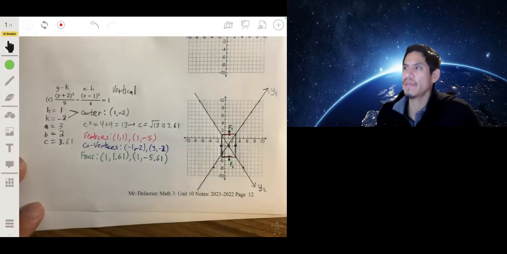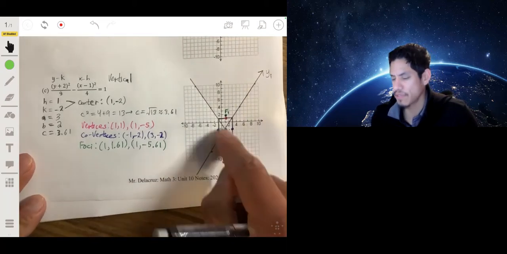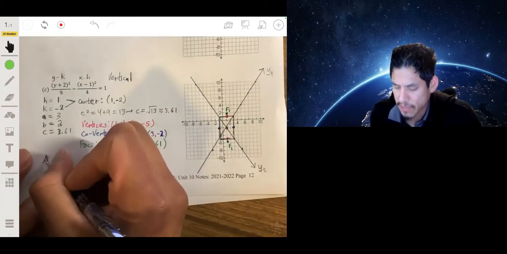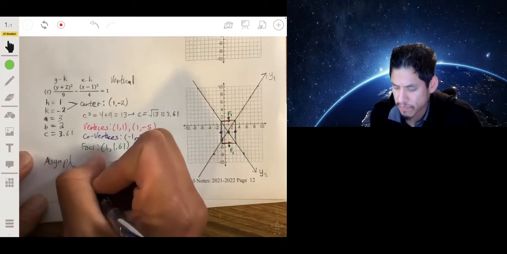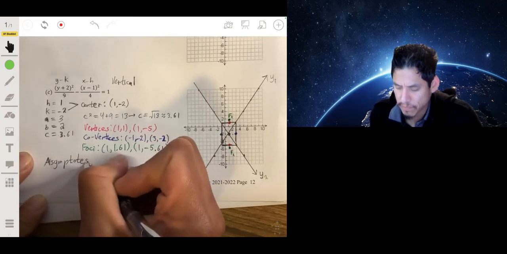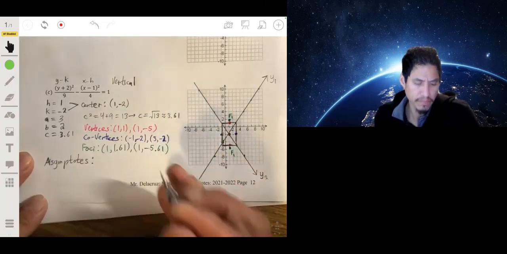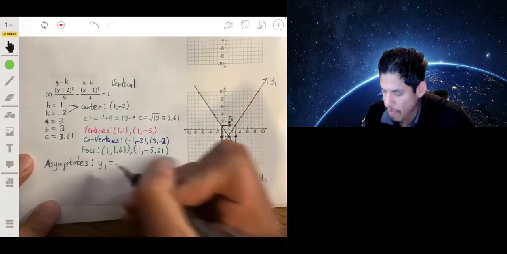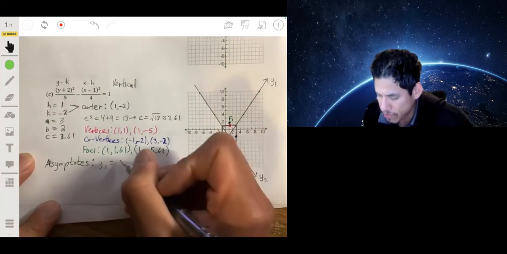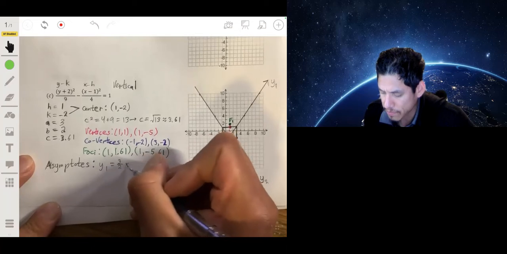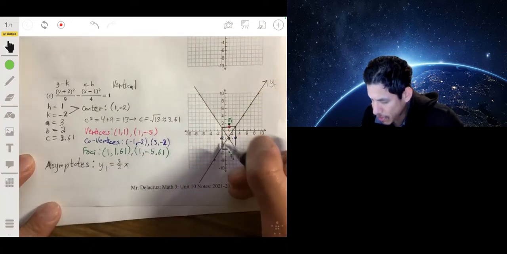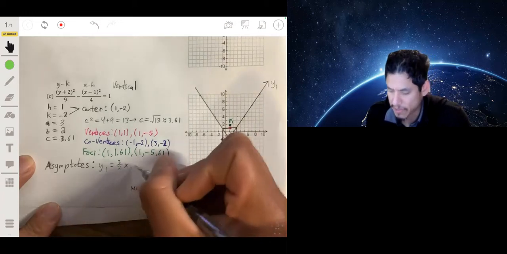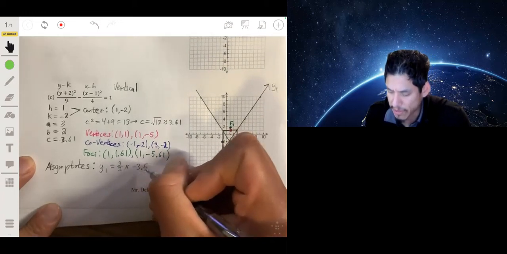And so to find the equations of the asymptotes, I recommend just using slope-intercept form. So let's write the asymptotes. y1 will have a slope of 3 over 2, so 3/2 x, and it would cross halfway between -3 and -4, so minus 3.5 for the y-intercept.